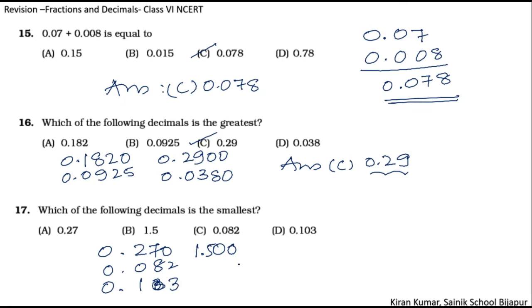If you observe very carefully, the smallest one is 0.082. This is the smallest one that's there in option C. So the right answer is option C, 0.082.